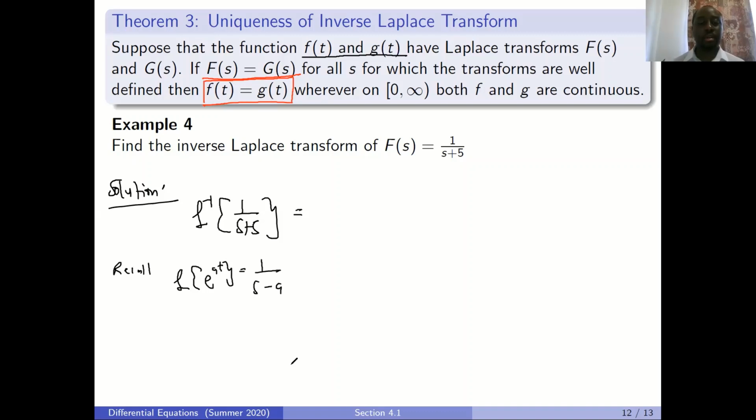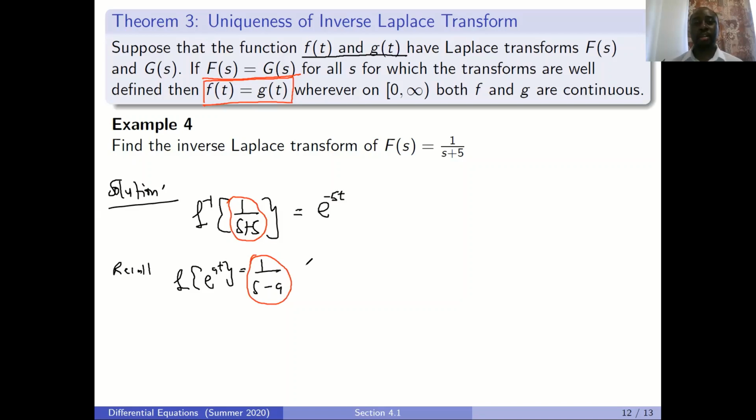So if you compare this transform to that, you can pick out that a has to be -5, which means that the inverse transform of 1 over s plus 5 is e to the minus 5t.